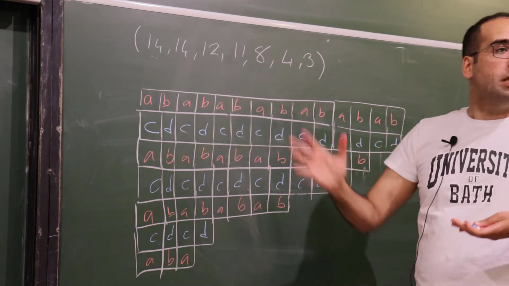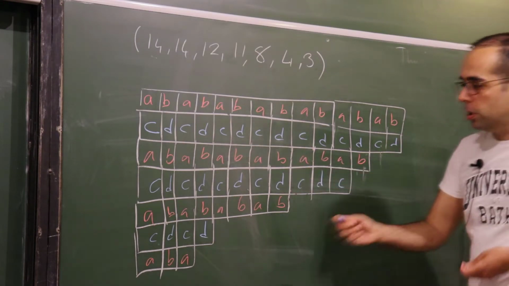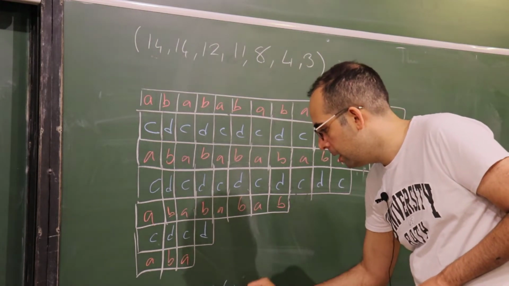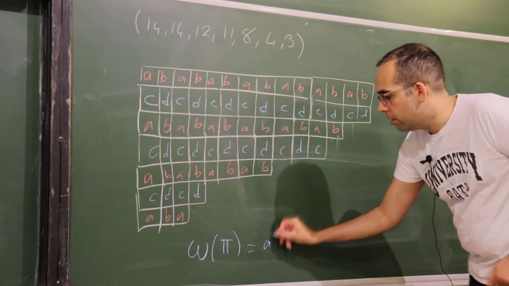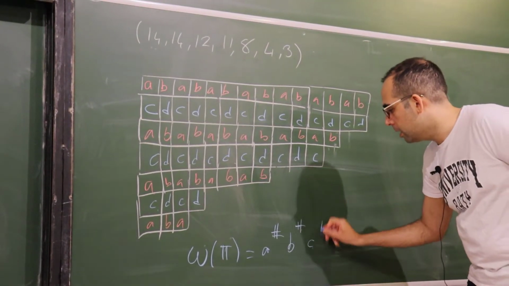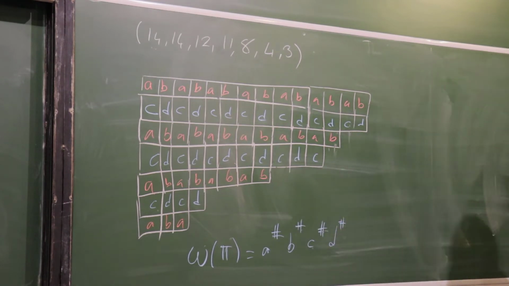But if we want to deal with this general case, they said that we can actually write the generating function of these things. Just define a weight of a partition. So define a weight of any given partition pi, weight of A, B, C, D, I should say, maybe even. That is A to the number of A's in the thing, B to the number of B's, C to the number of C's in the Ferrers diagram, D to the number of D's in the Ferrers diagram.